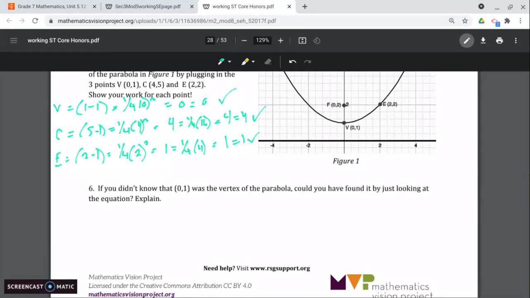For 6, if you didn't know that (0, 1) was the vertex of the parabola, could you have found it by just looking at the equation? Explain. Yes, we could have.